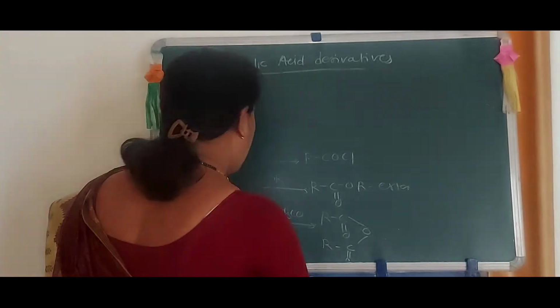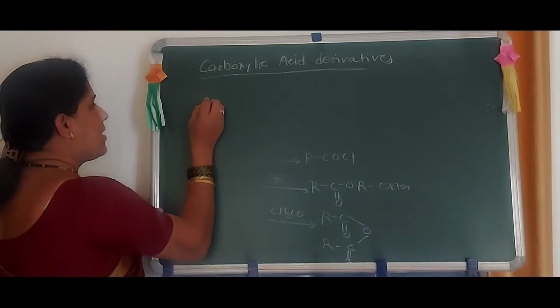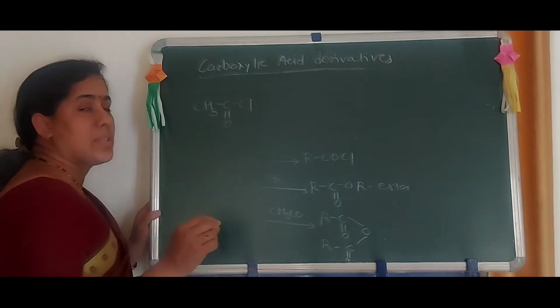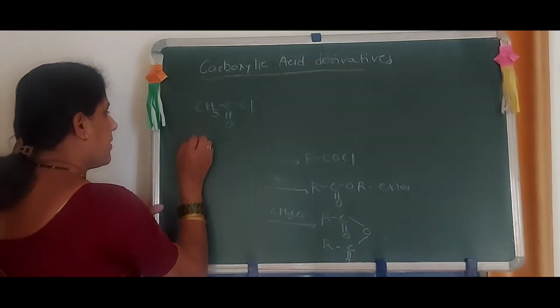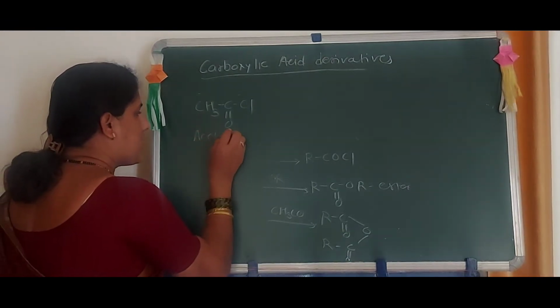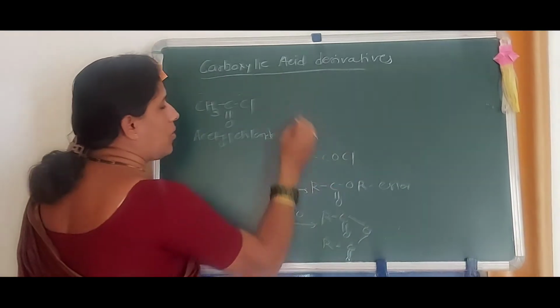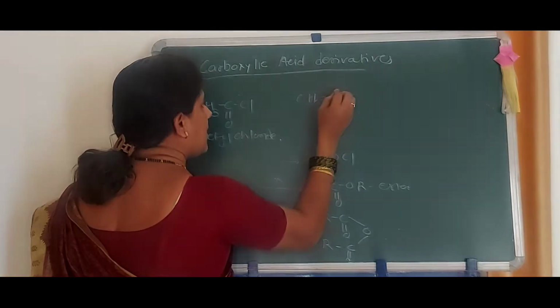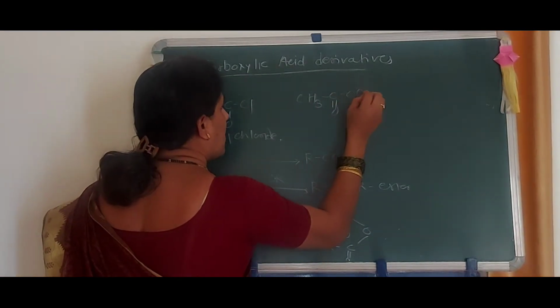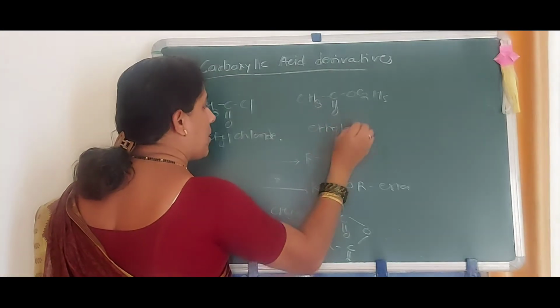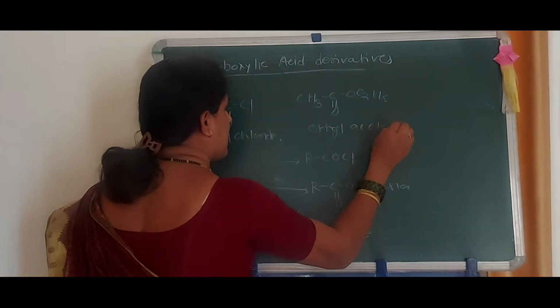First is RCOCl, that is CH3COCl, called acetyl chloride. Next is the ester, CH3COOC2H5, ethyl acetate. The name of the compound is ethyl acetate.